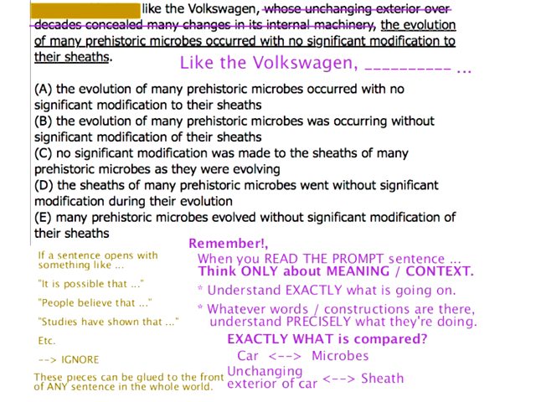Like the car, the evolution, well, no. Like the car, the exterior of the microbe, well, no. Closer, but still no. And then like the car, the microbes, look at that, we're done. Boom, end of story.